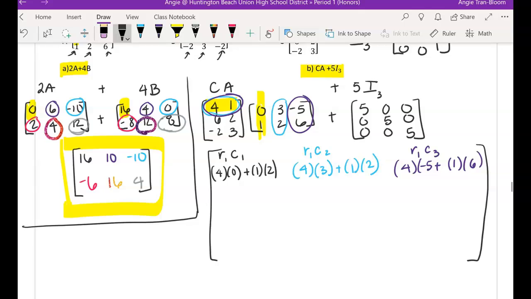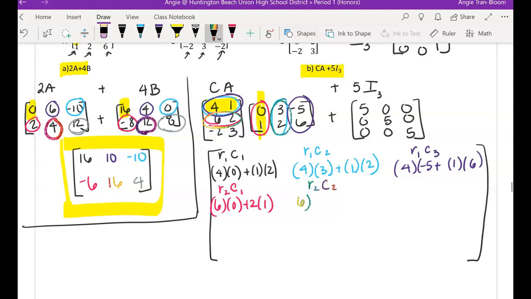Next, we are going to multiply row 2, column 1. Row 2 is this guy right here, and column 1 is this. So we're going to do 6 times 0 plus 2 times 1. Then we're going to do row 2, column 2, which is this right here, and that.